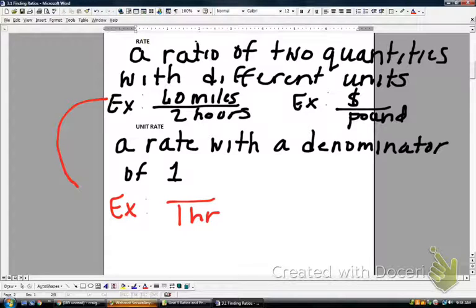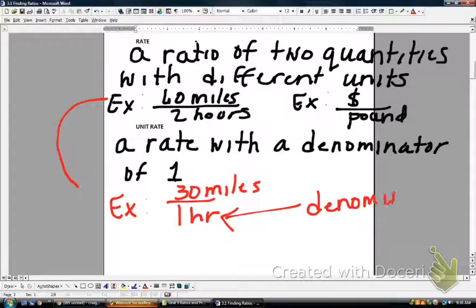So I would go 30 miles in 1 hour. Notice how I have divided both the top and the bottom by 2, and I have a denominator of 1. The reason we like unit rates is that it makes it easier to compare. If our denominator is always the same, 1, it makes it easier to compare things. So that's why a unit rate is important.